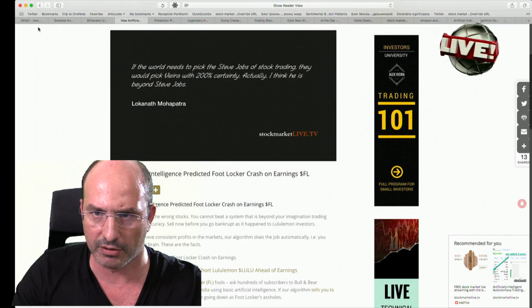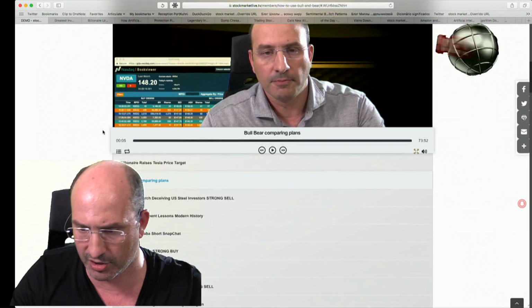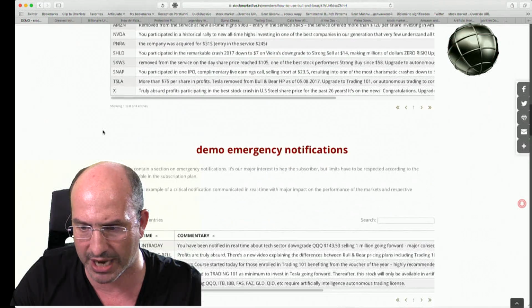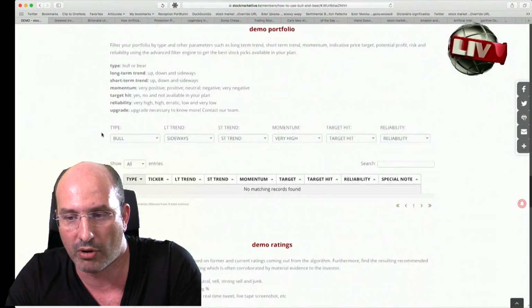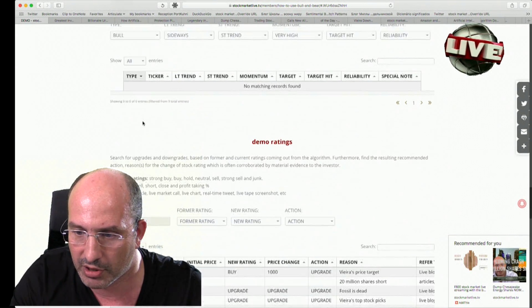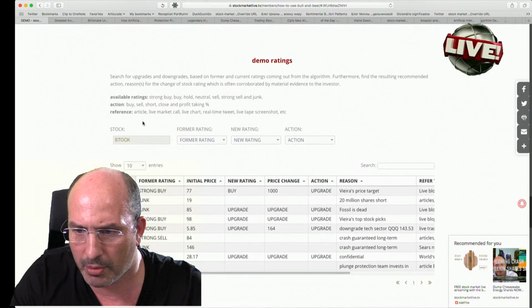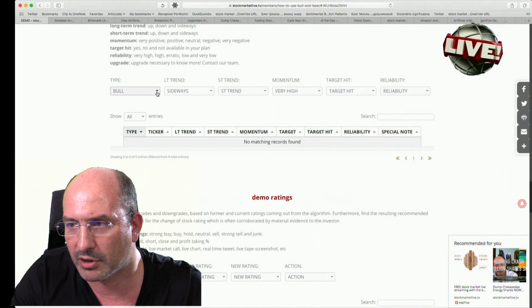Strong sell or junk. Let's check here the rating in Foot Locker, which I don't know. The algorithm knows, but I don't have to know, okay? I really don't, okay? So Foot Locker probably, I don't know if it is here. Maybe it is.